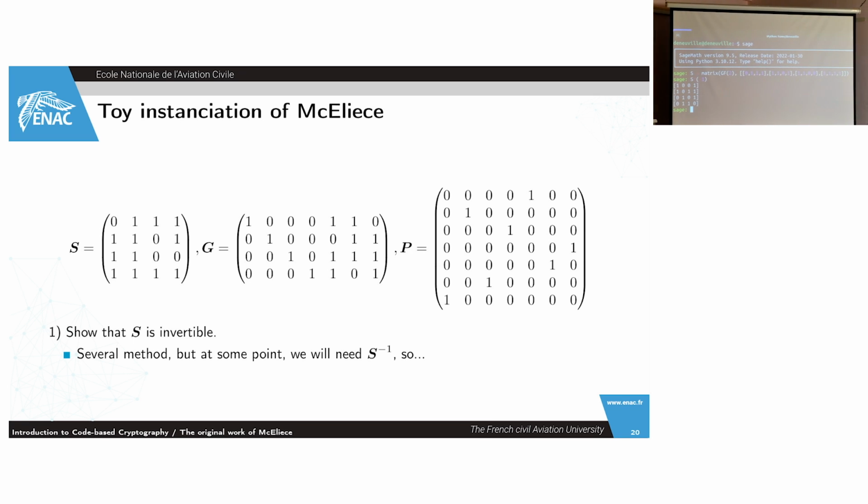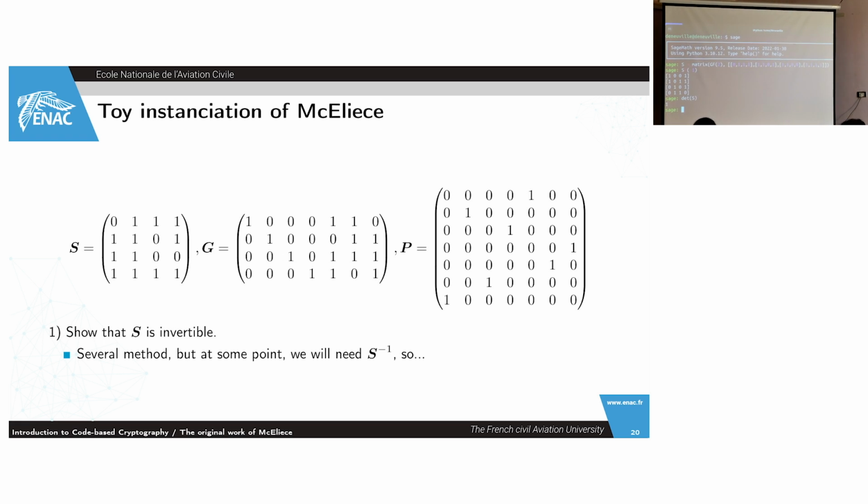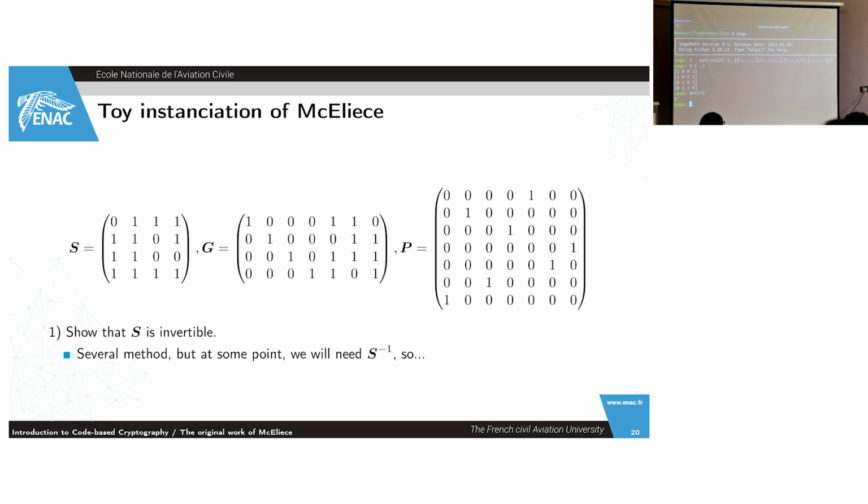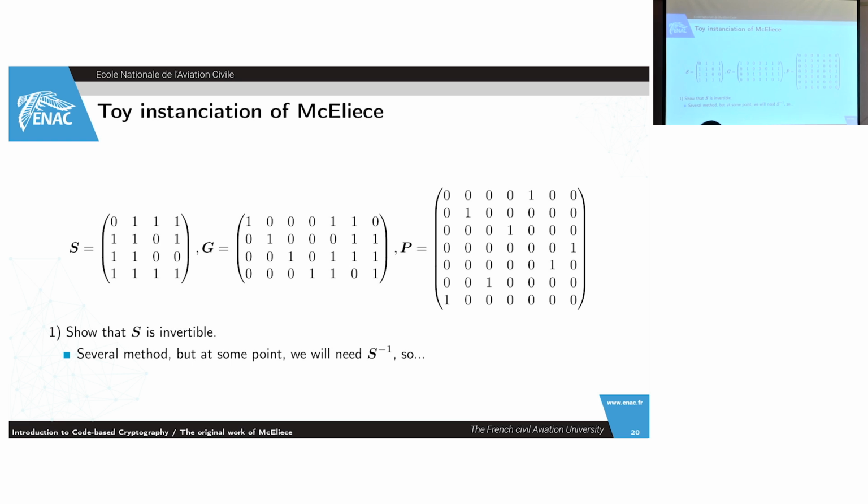I ask for S minus 1. I could also have asked for the determinant of S, which obviously must be 1. Obviously, I am working in F2, so it's either 0 or 1. If it's 0, the matrix is not invertible, so it's 1. You can do several steps, also including matrix multiplications. So, okay, now we have S minus 1.